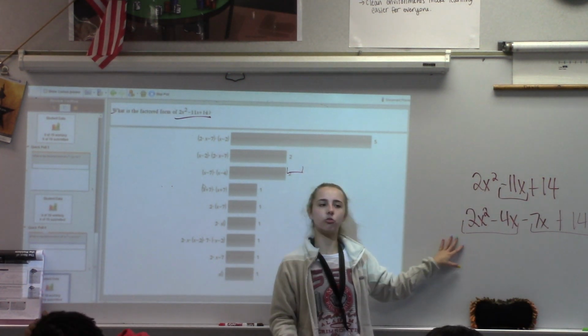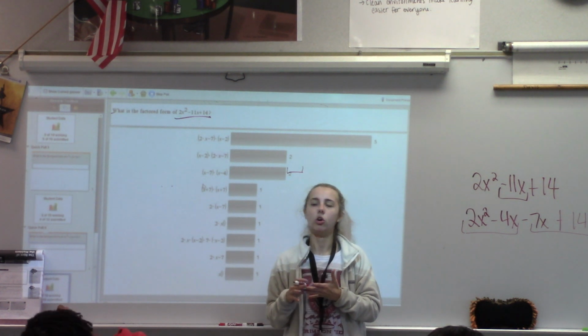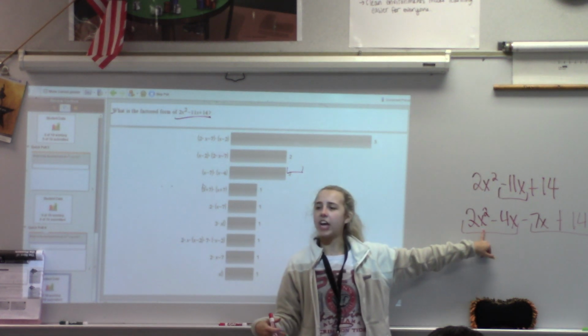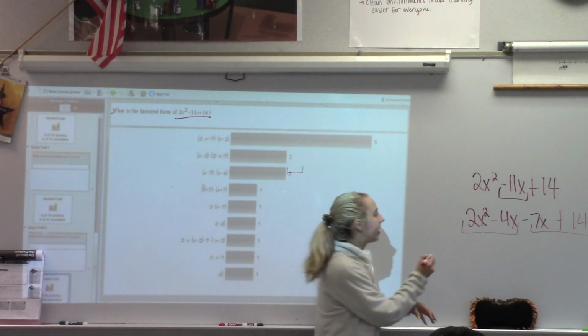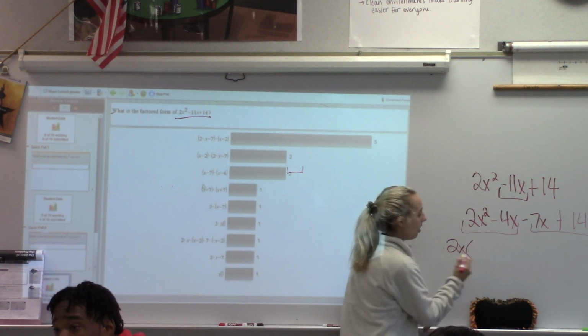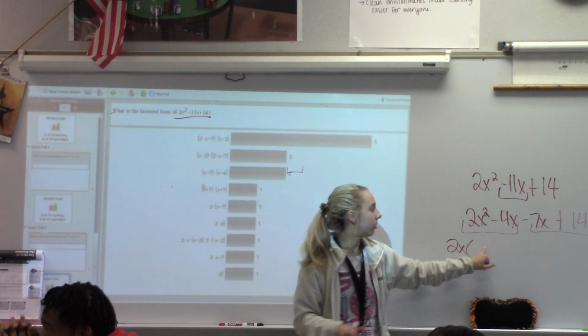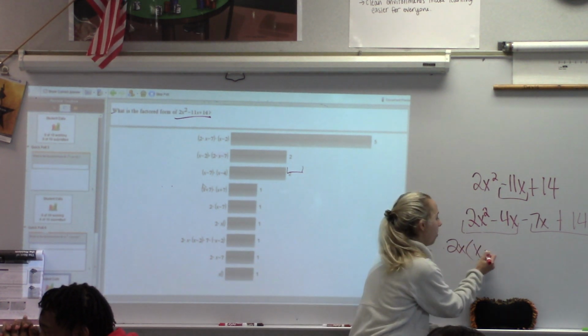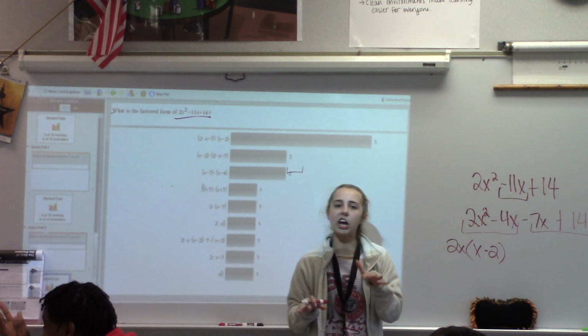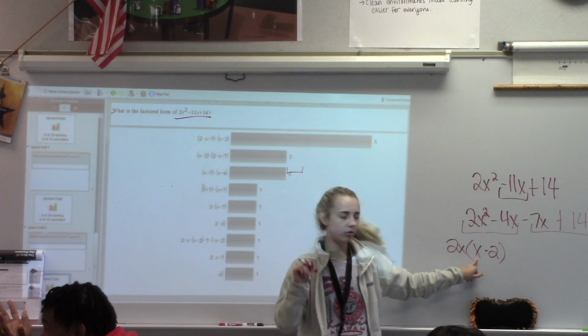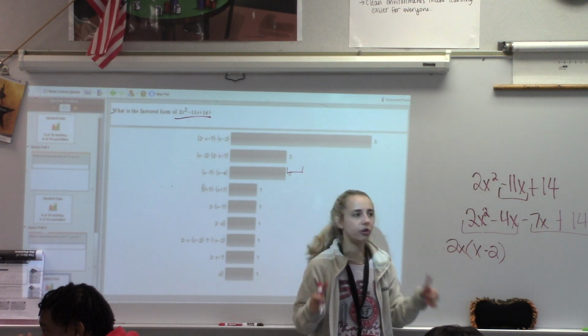Okay, so from the first one, I can take out an x. Is there anything else I can take out? 2. Okay, so I can take out a 2 and an x. And that's going to leave me with what on the inside? X minus 2. Okay, so an x minus 2. Quickly check yourself. 2x times x, 2x squared, 2x times negative 2, negative 4x.